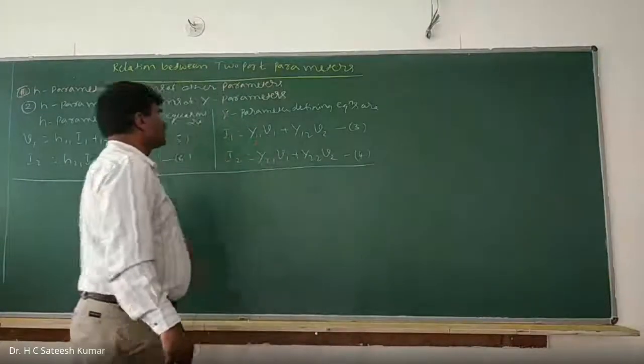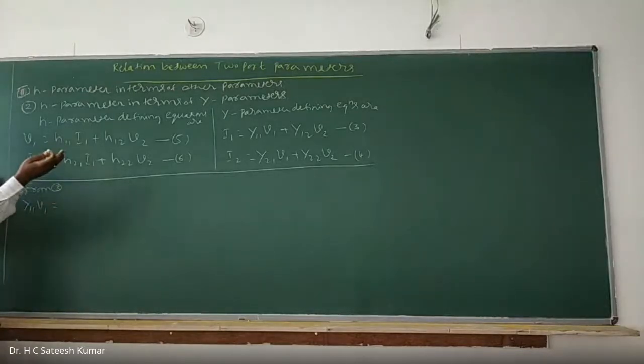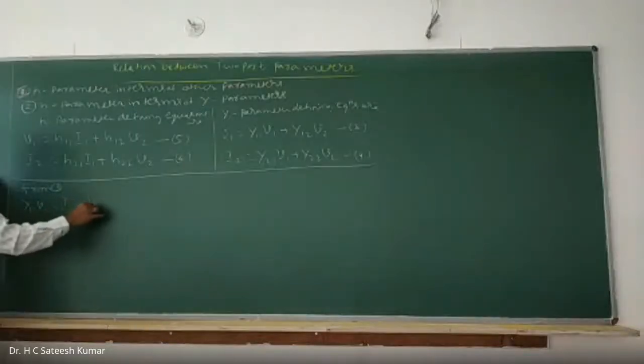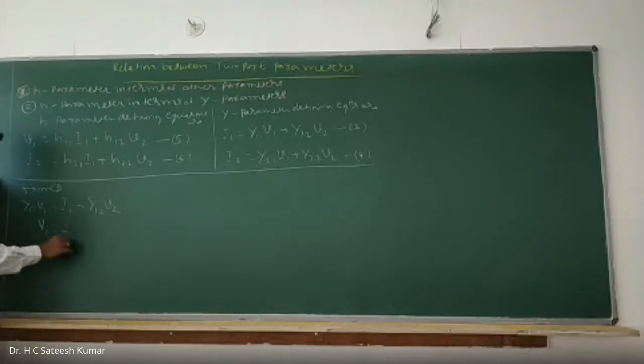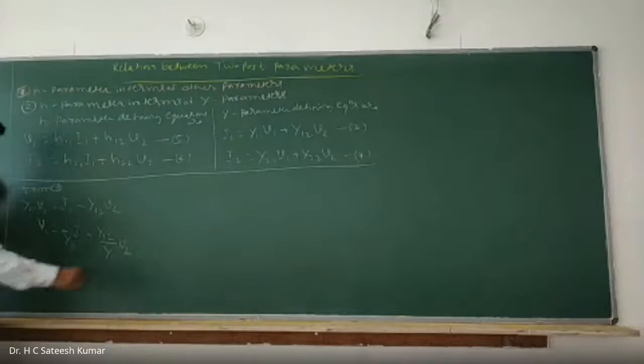From 3, y11 V1 is equal to I1 minus y12 V2. Therefore V1 is equal to 1 by y11 into I1 minus y12 divided by y11 into V2. Call this equation A.